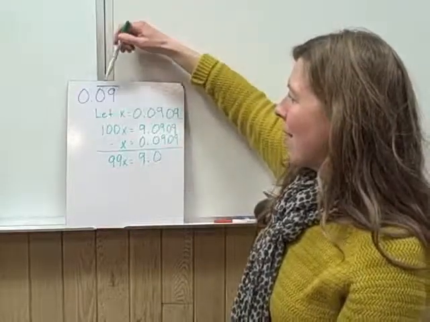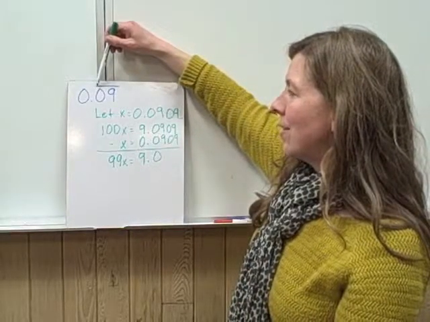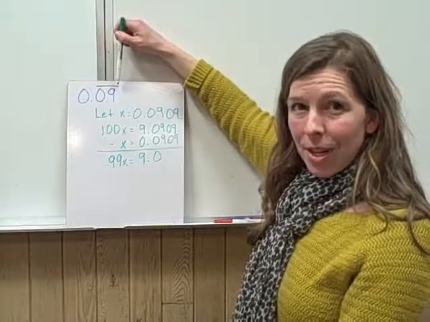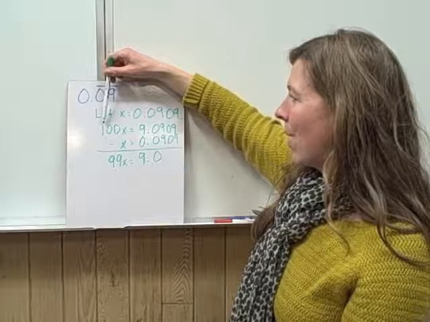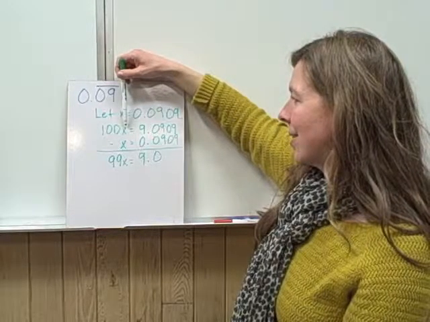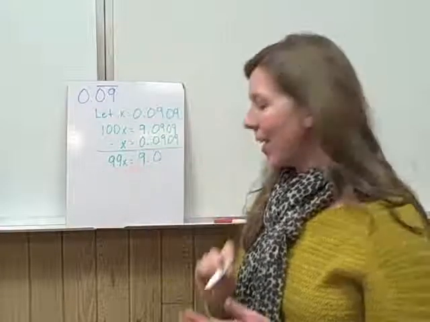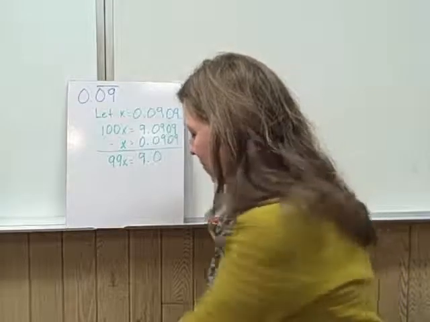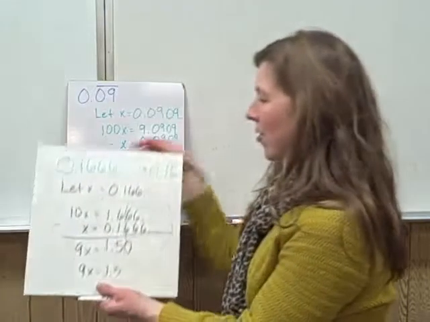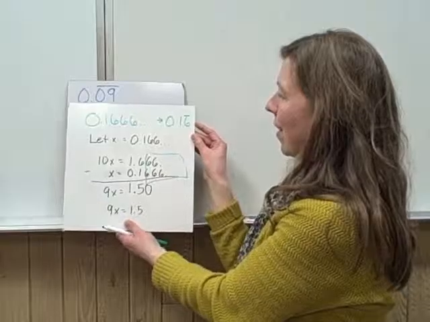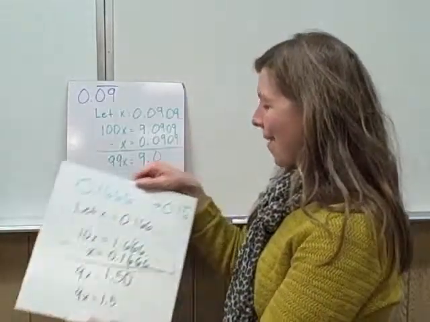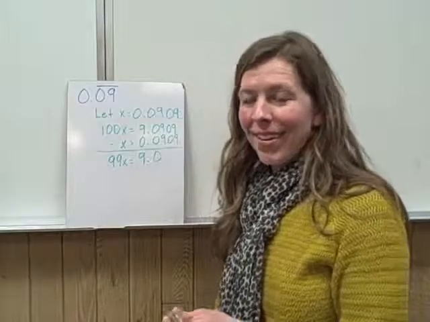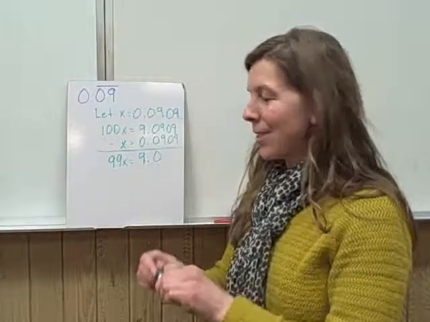The thing that I think you have to remember is if the digits are repeating and there are 2 digits that are repeating, then you're going to need to solve this by multiplying by 100 times x, not 10. Originally, in the other problems that we did, there was just 1 digit that was repeating, and so that's why we multiplied by 10x.